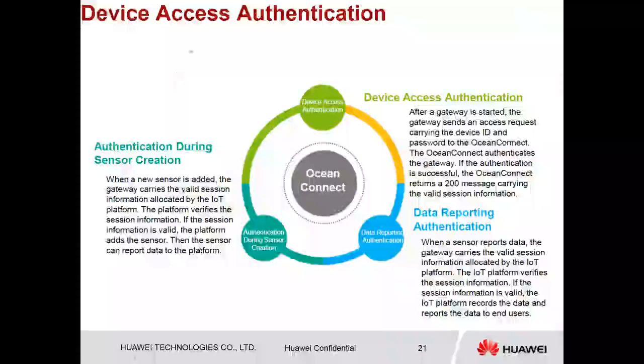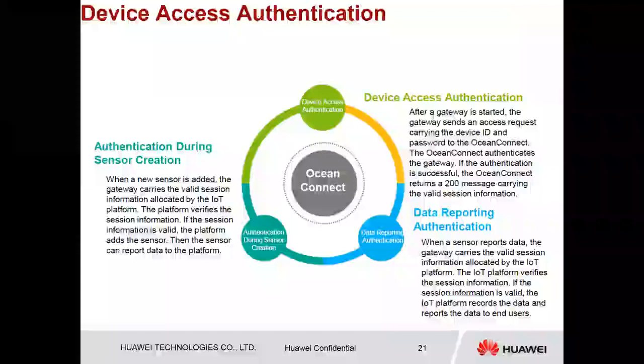And the next is device access authentication, which we divide into three levels. First is the authentication during sensor creation. For example, before the sensor is registered on our IoT platform, we need to create an account for it.